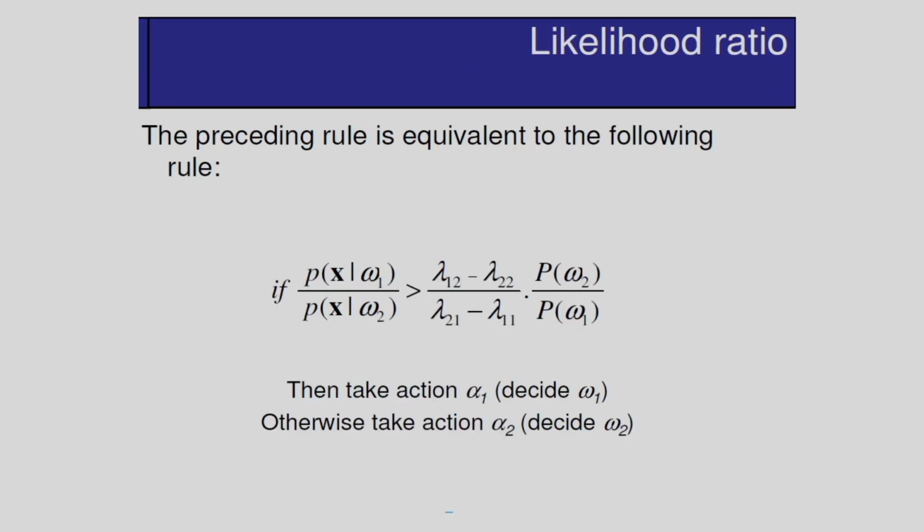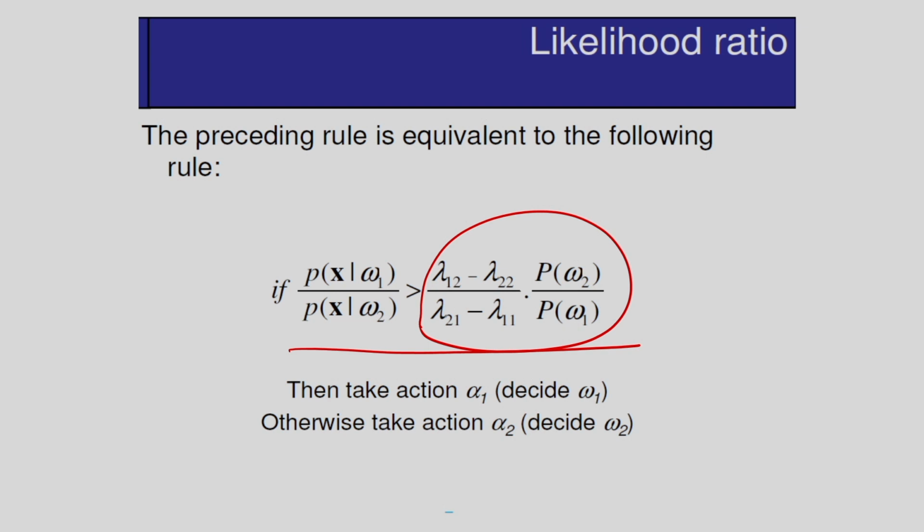So the previous rule is equivalent to the following rule. From the previous equation you will get this one: the ratio, the probability of x given W1 divided by the probability of x given W2, that ratio we have to determine. If it is greater than this, then based on this we can take a classification decision.